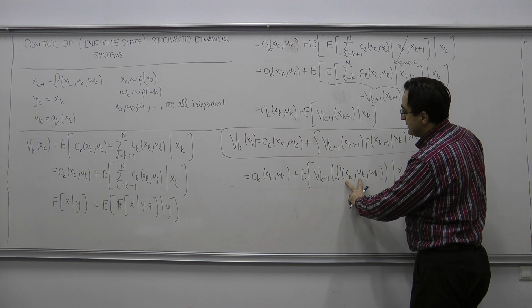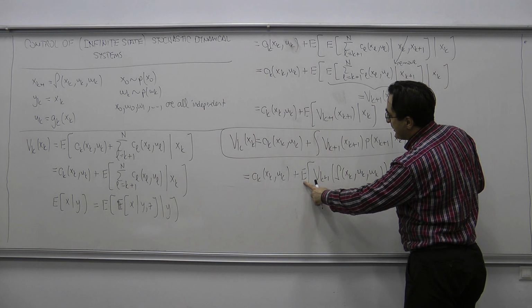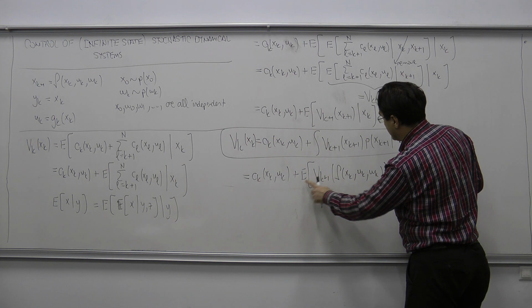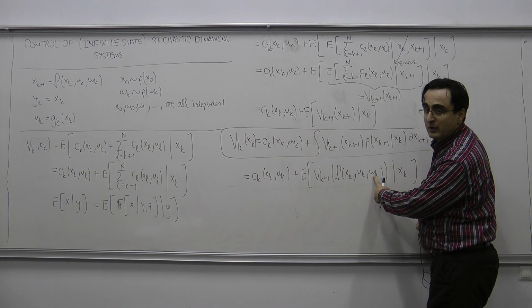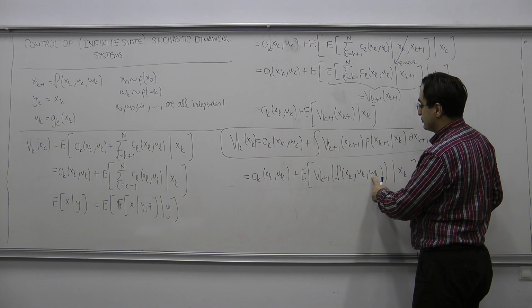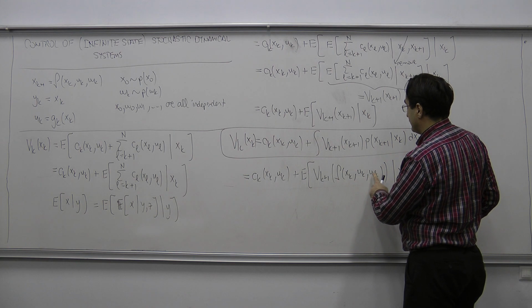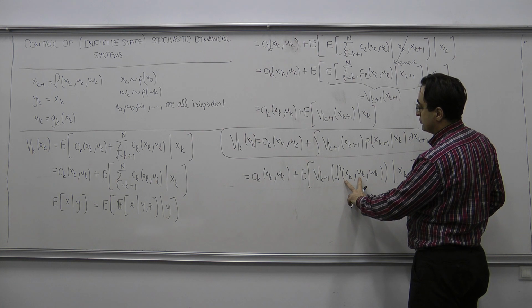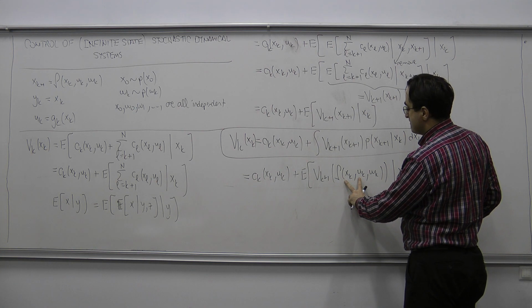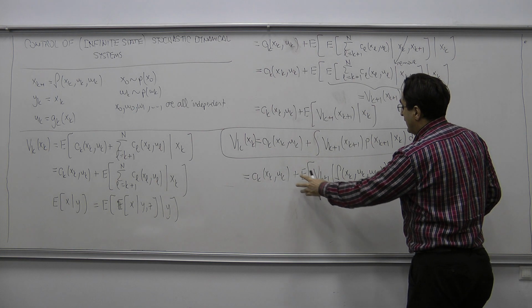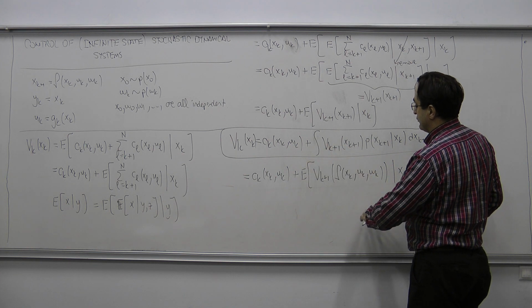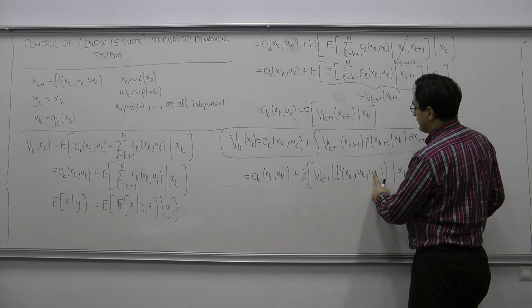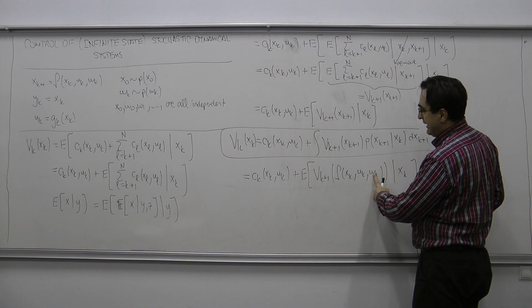The only thing that we need to take this expected value with respect to is this process noise w_k. The only stochastic term here in this expectation is w_k, because x_k is given to us, which means that x_k and u_k are known. So that means that I can replace this expectation with an expectation with respect to w_k only.